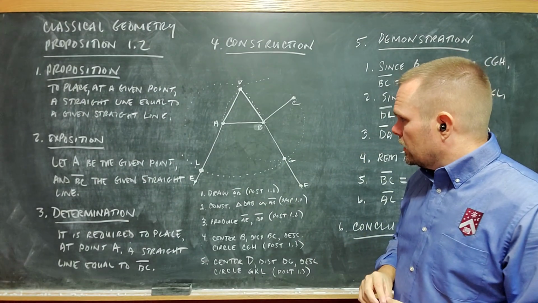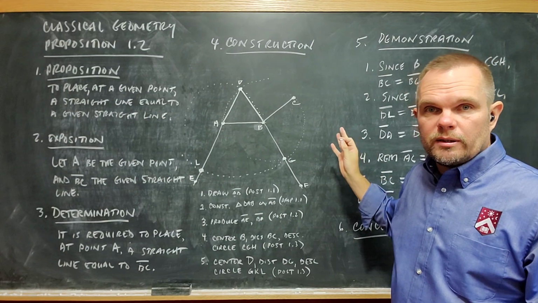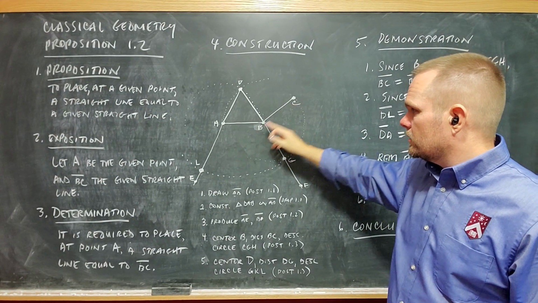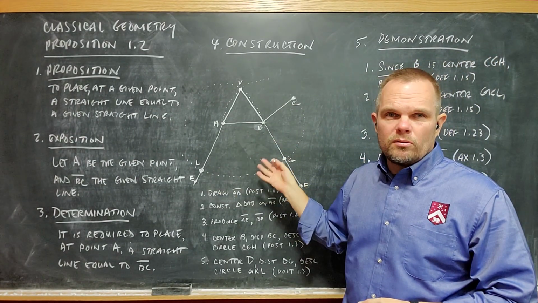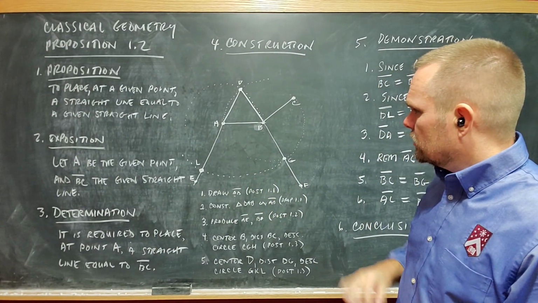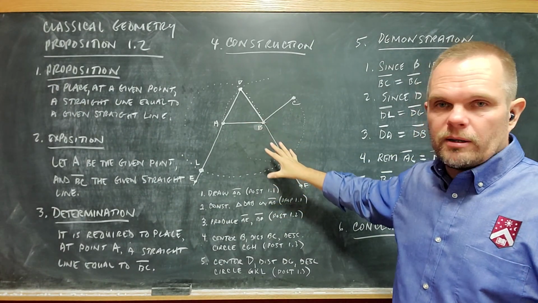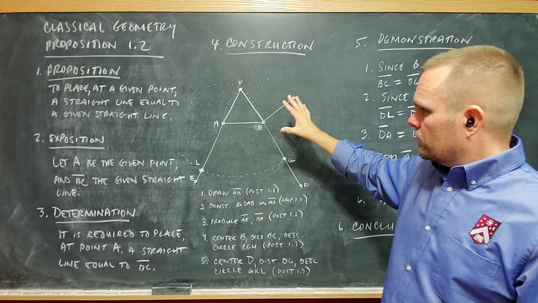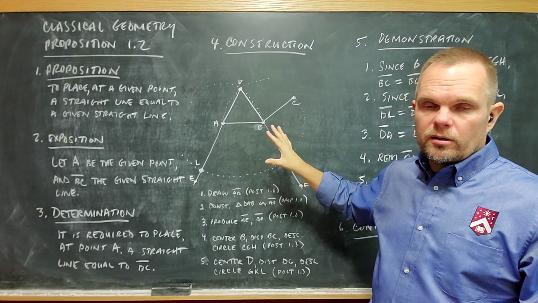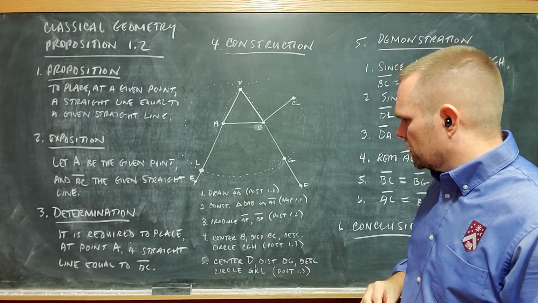So line BC, as we'll prove in our demonstration, is equal in length to line AL. But they don't look equal in our diagram, and that doesn't matter. So don't let the diagram fool you, and don't get worried if your diagrams don't look perfect. They don't have to. Our conclusions are not based on the appearances of our diagram. Okay?